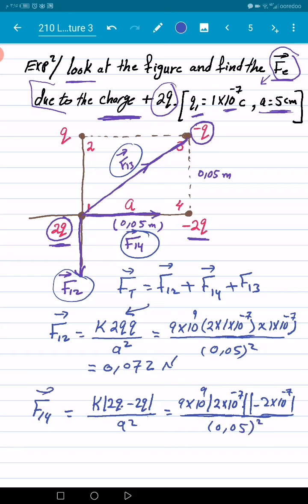Now mathematics. Now the math. Here we want this distance. How you can find it? Here is a right triangle, so you can use the Pythagorean theorem.